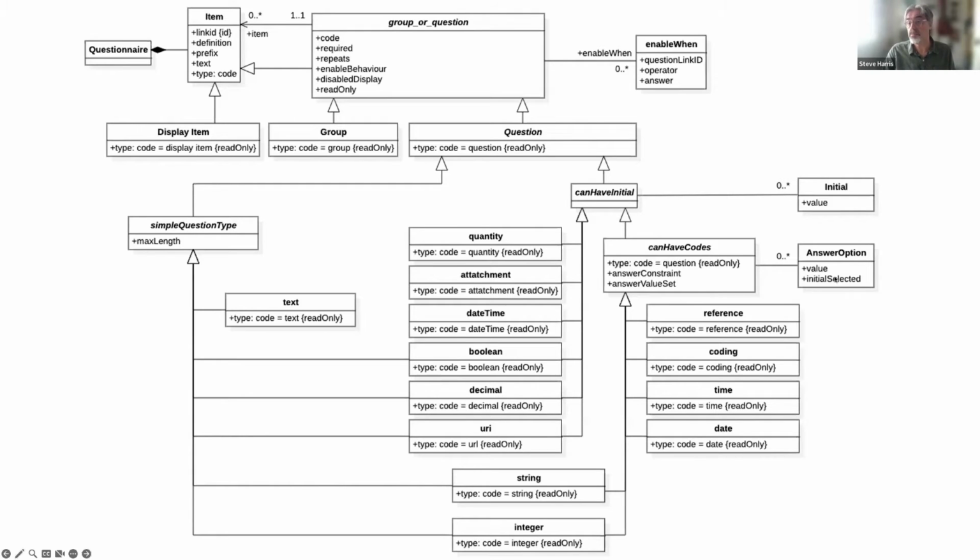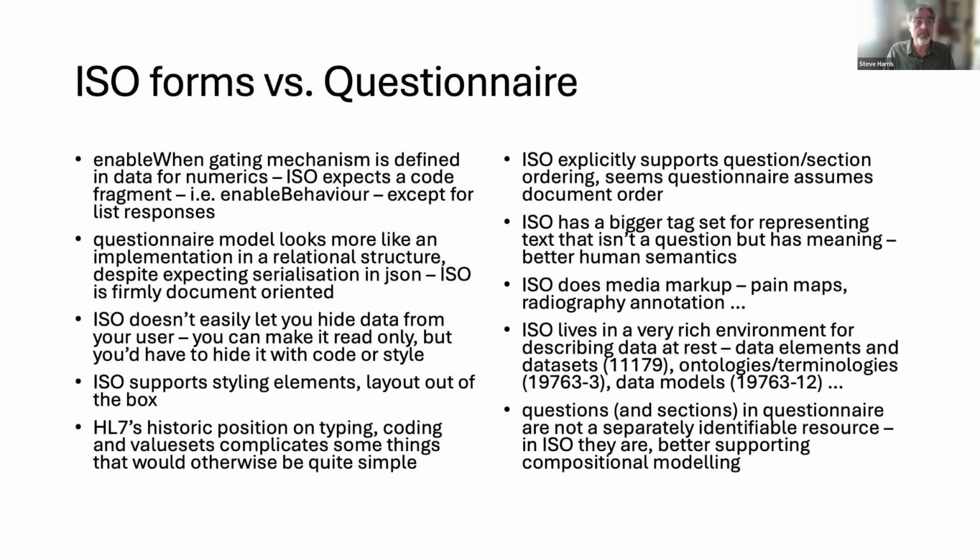And then you've got options for what the initial value of something is, or where it has a code, you can say which one was initially selected. So that explodes out what questionnaire means.